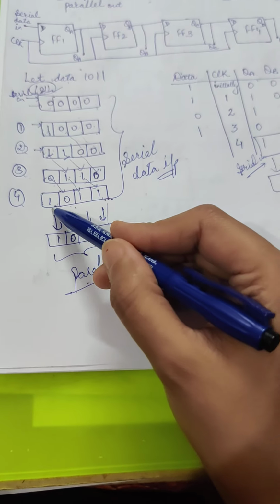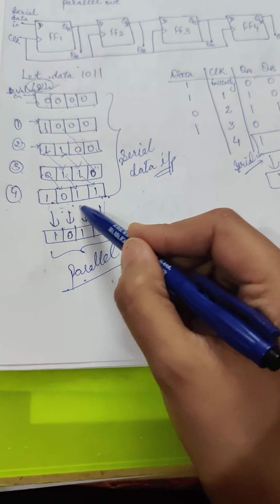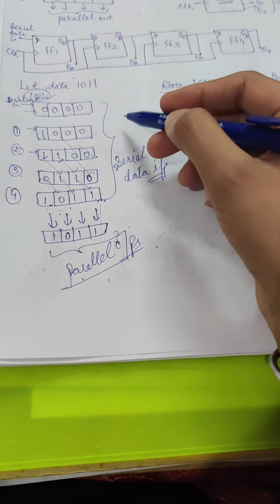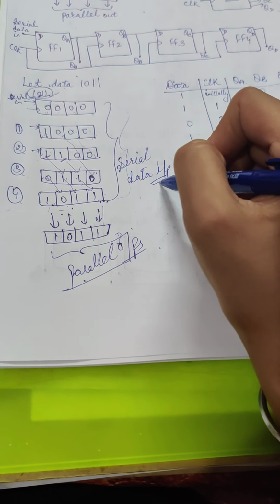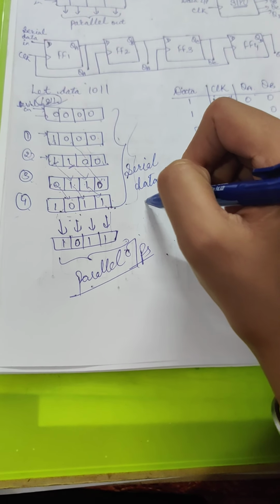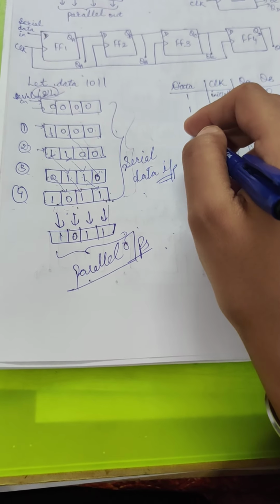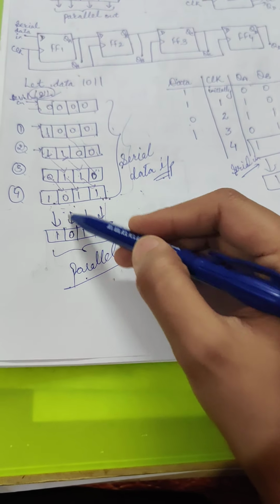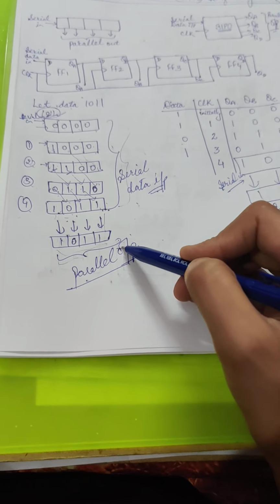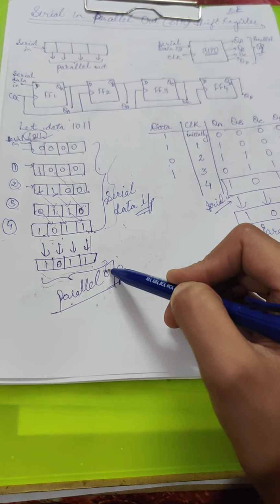So at fourth clock pulse, the data in our shift register is 1011. This is serial data input, means data is entered bit by bit. And now this is a parallel out shift register. So we have to take these 4 bits as outputs at the same time. So it is called parallel output.